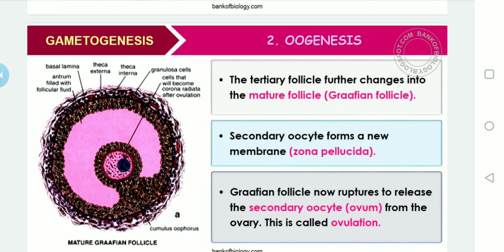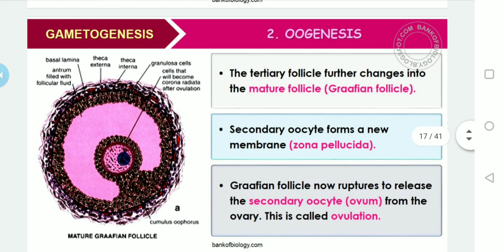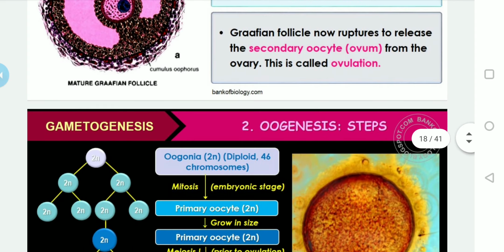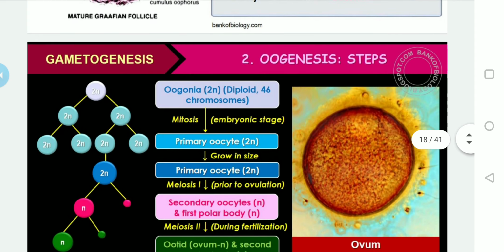And finally, what will happen? Ovulation. The Graafian follicle now ruptures to release the secondary oocyte. So here the step-by-step process is given with explanation.